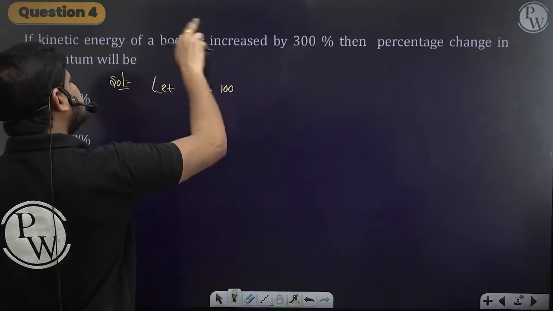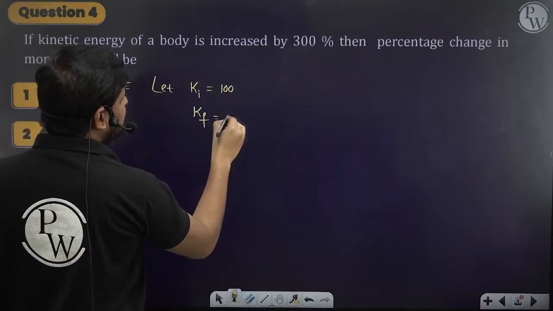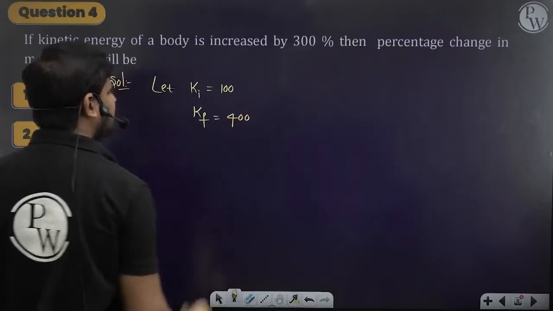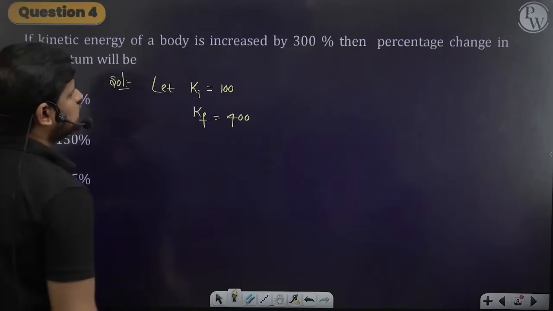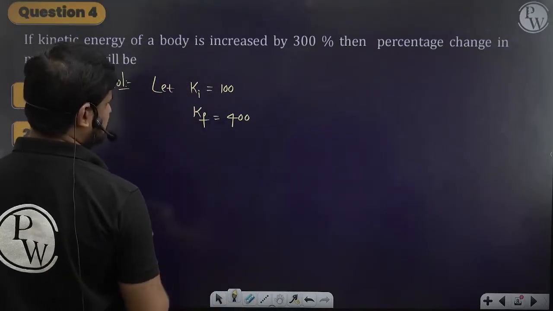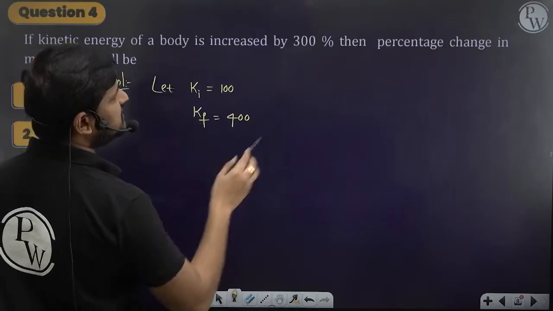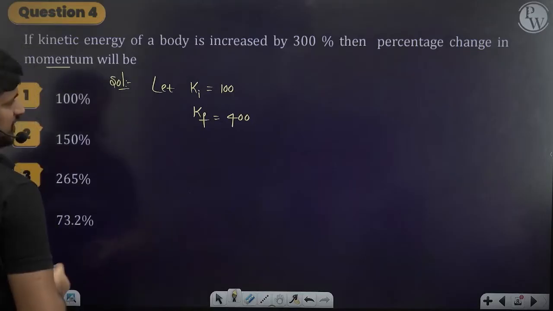Now the kinetic energy increased by 300% means the final kinetic energy will become 400. Yes or no? So what is the percentage change in the linear momentum, not kinetic energy?